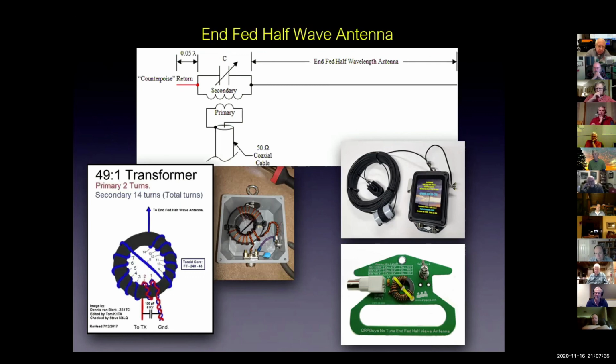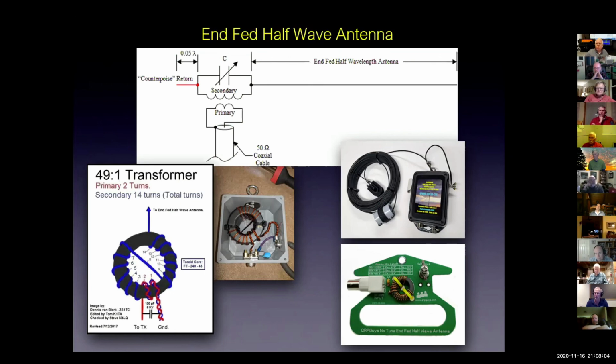When you use these end-fed half waves, they aren't quite as efficient a radiator because you're running through that transformer. Right. And that causes a little bit of an insertion loss, for the layman. I think they are resonant on the even harmonics of the length they're cut for.